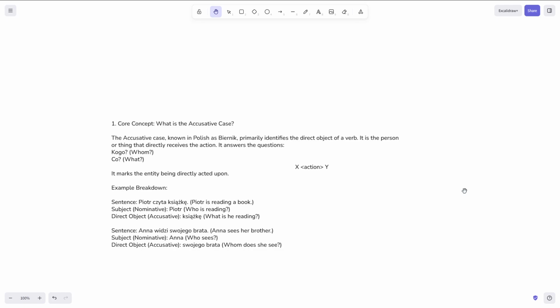But yeah, this might be the last one that is tough in terms of usage or function, but fortunately the endings and how you construct the case will be a lot simpler than the previous ones. And also fortunately we have covered a lot of the accusative case just by chance, by discussing the previous cases.